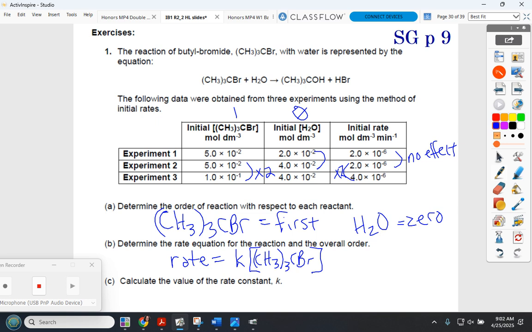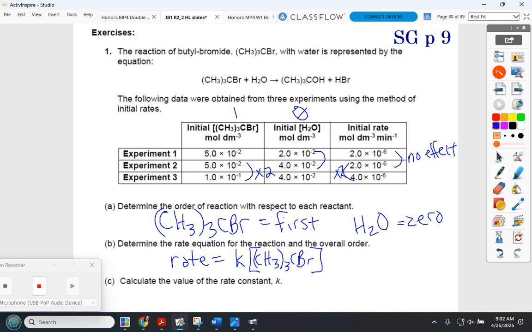Anything to the first power is that thing. Anything to the 0th power is the number 1. So it would be this times 1. And again, we don't tend to write the 1. So this would be the most basic way to write the rate expression for this reaction.